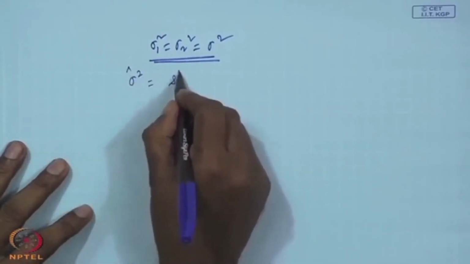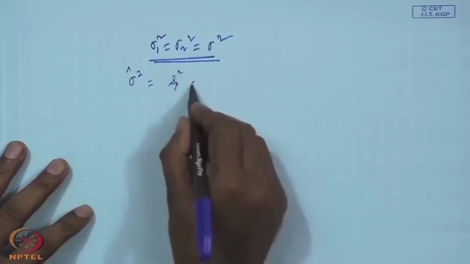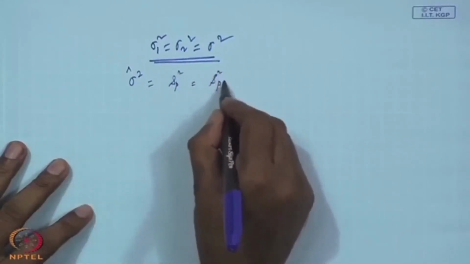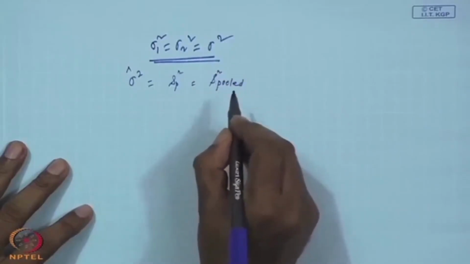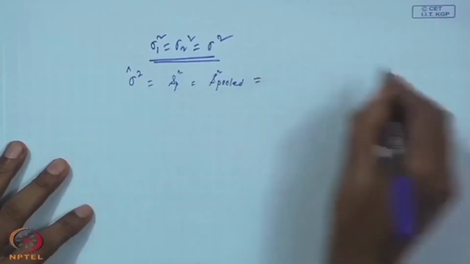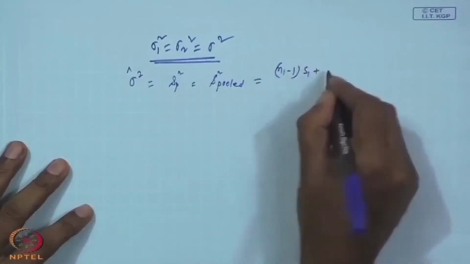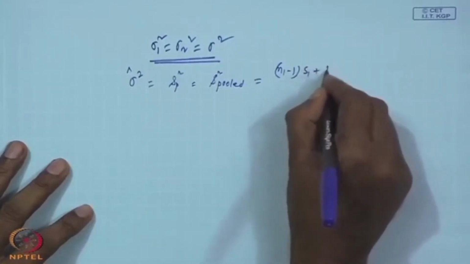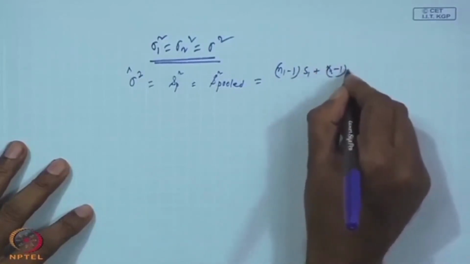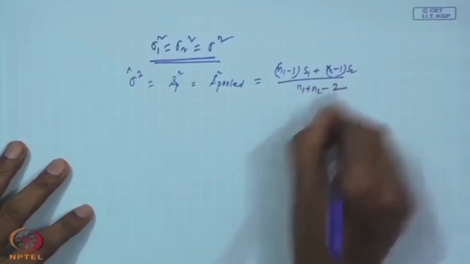We say S_P square, the pooled. I think you can remember there we used n1 minus 1 S1 plus n2 minus 1 S2, divided by n1 plus n2 minus 2.